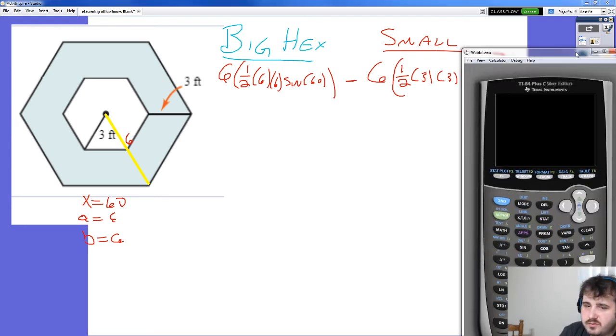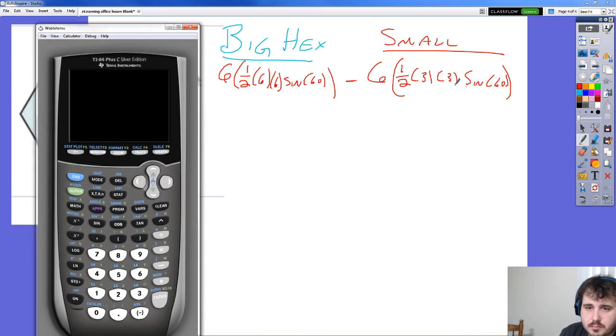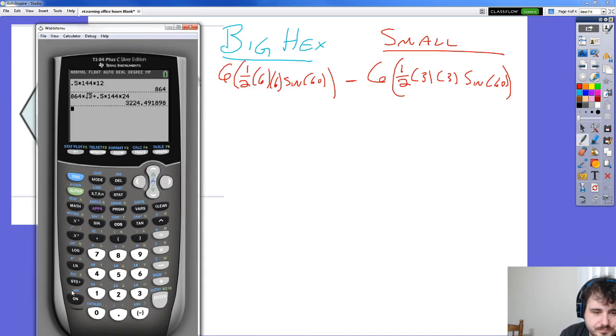So let's put this in the calculator. 6 times 1/2 times 6 times 6 times the sine of 60. Make sure you have all your parentheses.